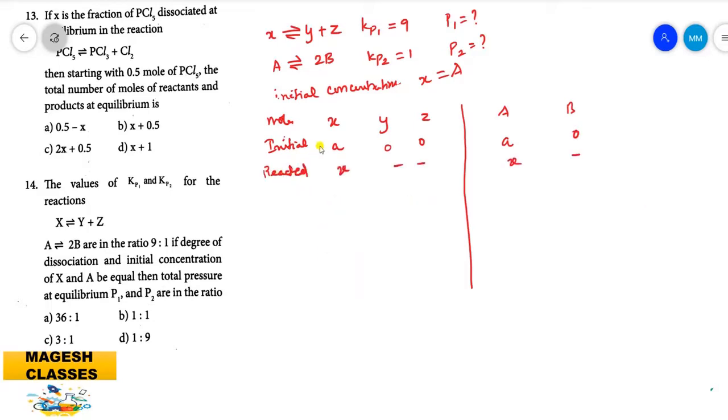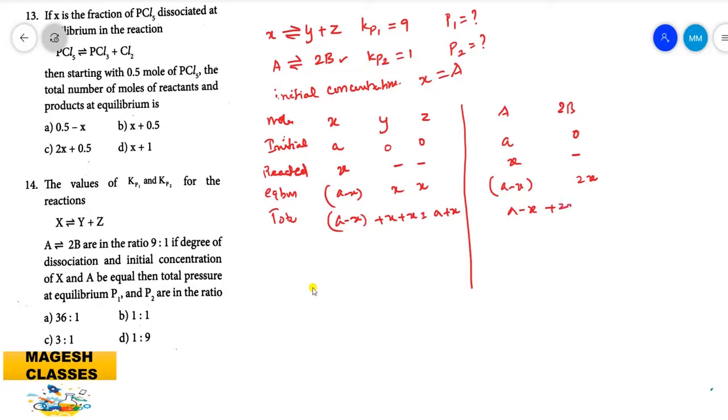The number of moles reacted is x in both. The number of moles at equilibrium is A minus x. For the first, it is x each for Y and Z, because 1 mole gives 1 mole of Y and 1 mole of Z. For the second, it is A minus x and 2x, because 1 mole of A gives 2 moles of B. Total moles are A minus x plus x plus x, equal to A plus x.